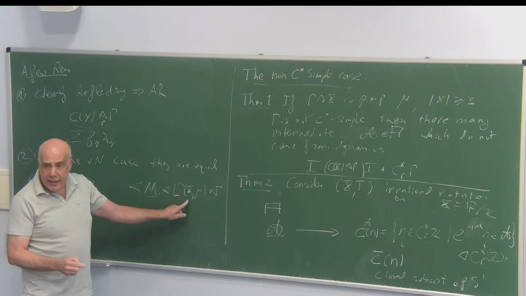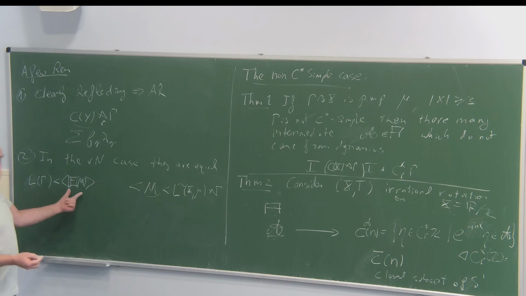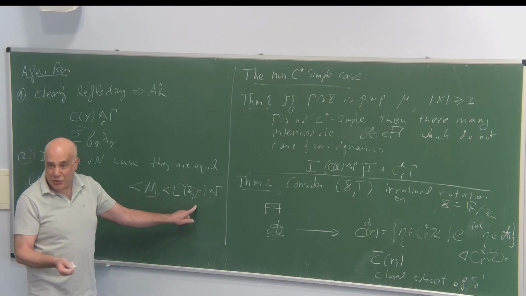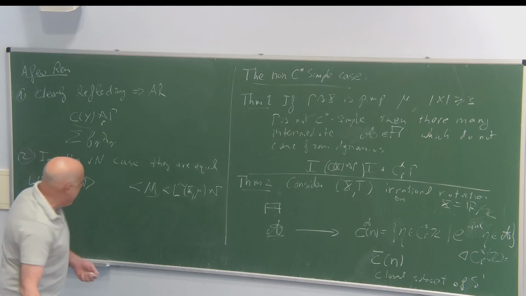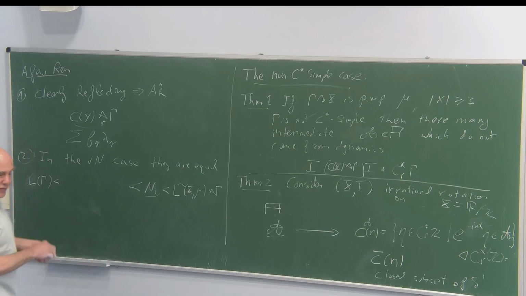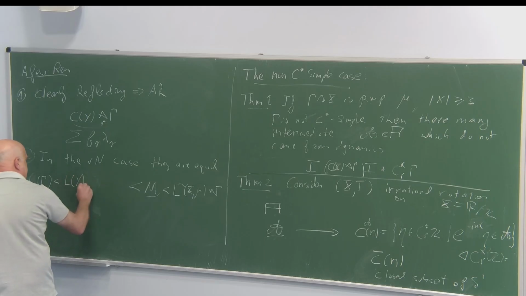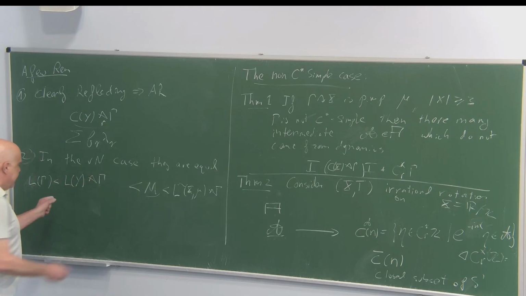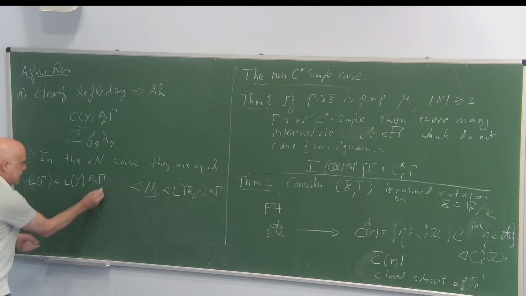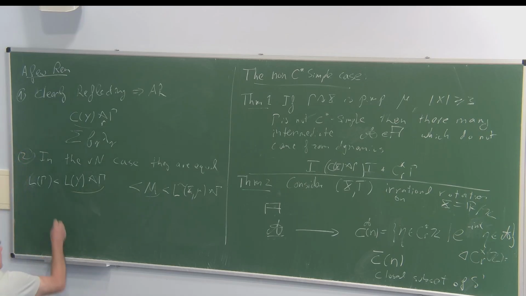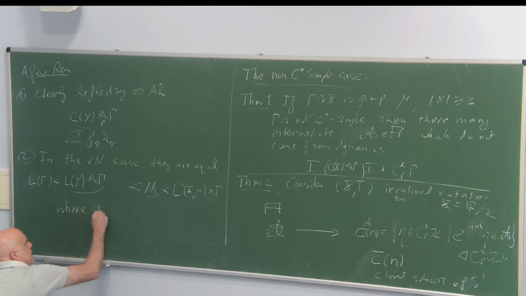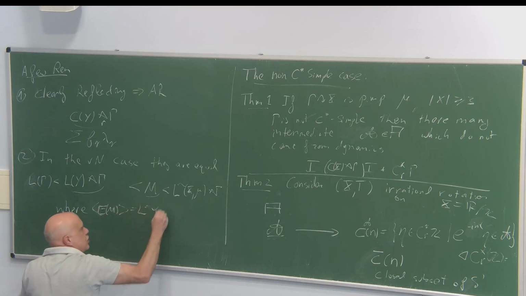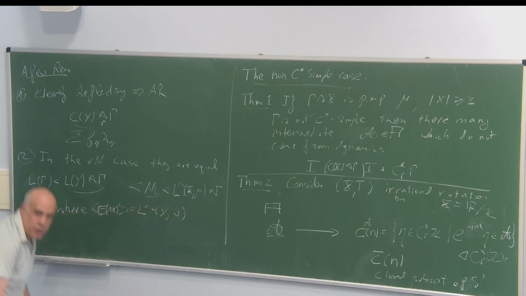Since this is an abelian algebra, the algebra that it generates is going to be L infinity of some factor. So inside here, there is a good candidate sitting between M and here, where E of M, the algebra generated by this, is just L infinity of Y nu for some given factor.